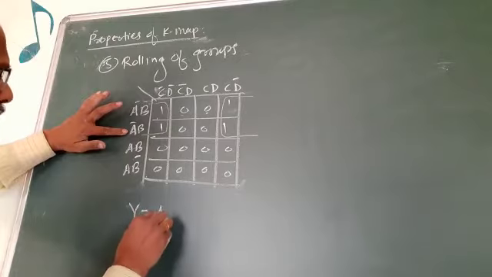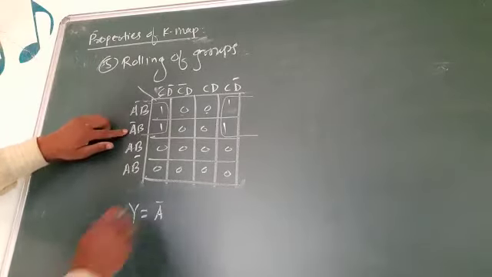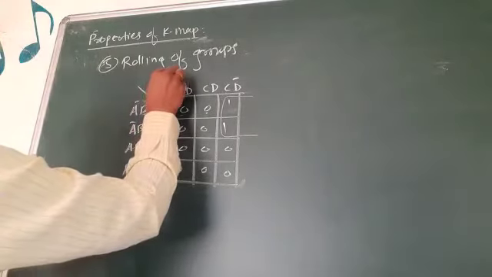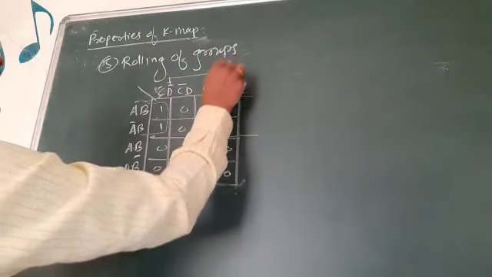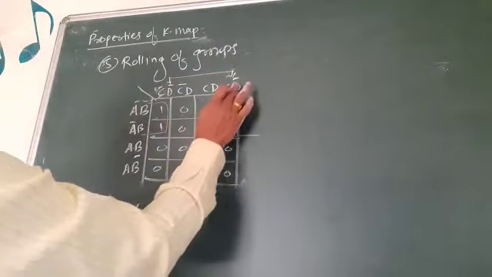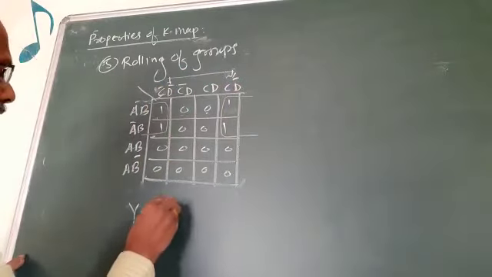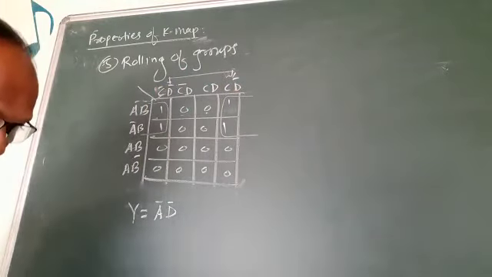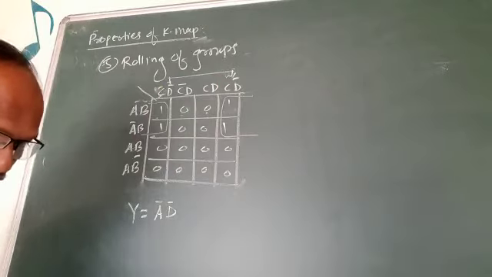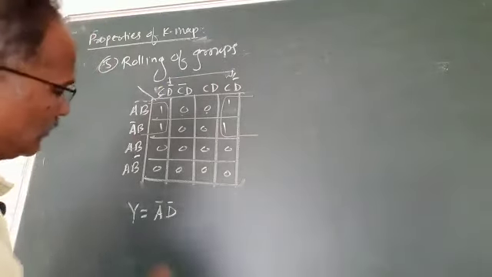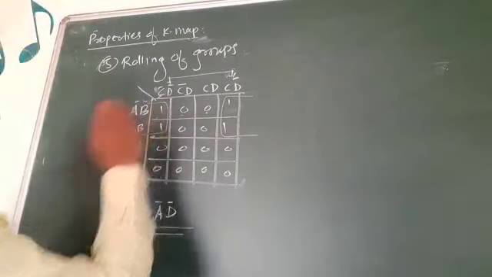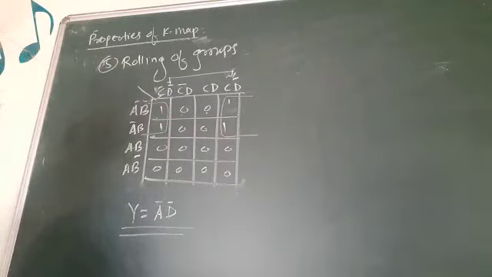So A bar will be the common. Now in this way we can consider this and this. So D bar is common here. So A bar and D bar will be the equation for this particular example of ruling of groups.